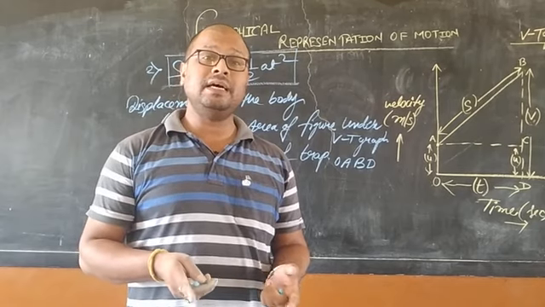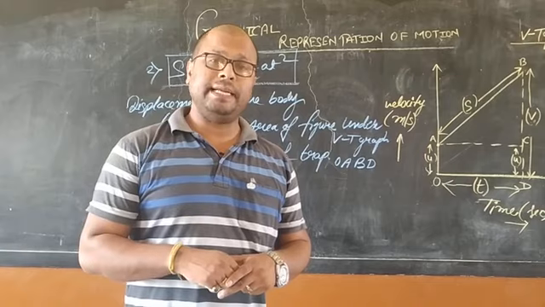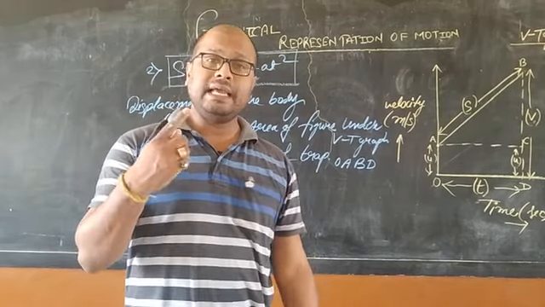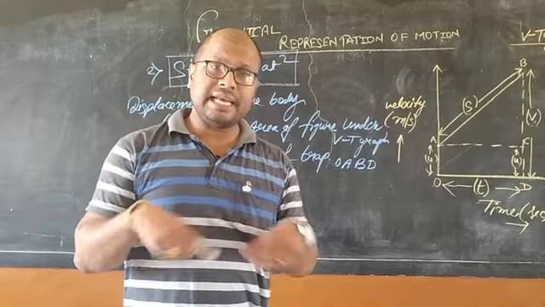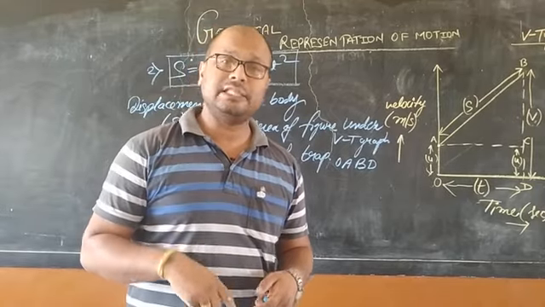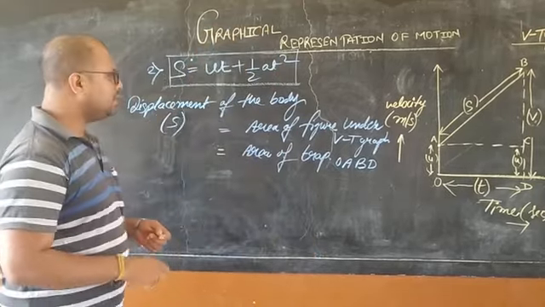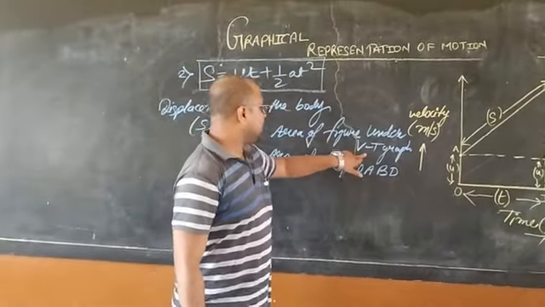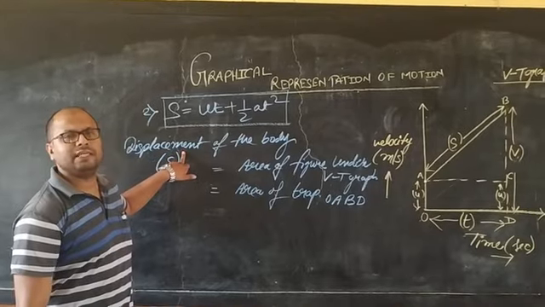We can find the area of the figure obtained. Whichever figure's area we get through that graph, if you find it, you will get the displacement of the body. Area of the figure under VT graph will be the displacement of the body, students.